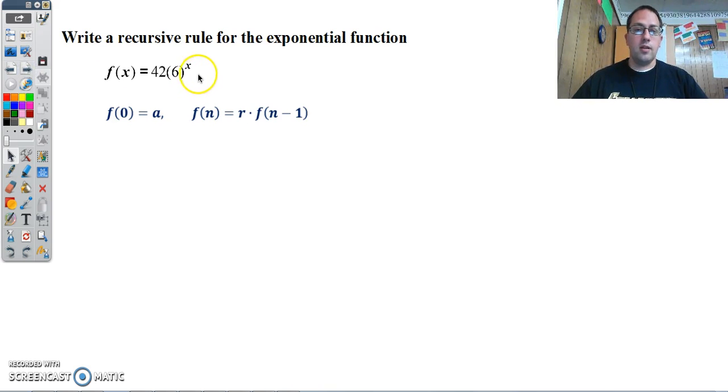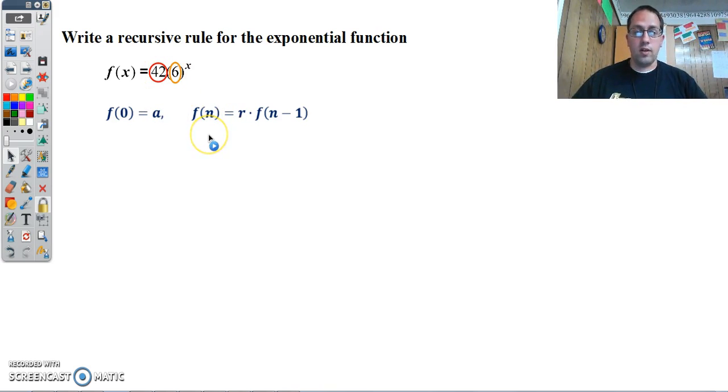All right. Let's take a look at this. Here we're not using a data table, we just have an exponential function. We want the recursive rule for it. So here's our f of x equals a times b to the x. It's 42 times 6 to the x. We want it in this format right here. So we need to know what is a, what is r. Well, a is the 42, r is the 6.